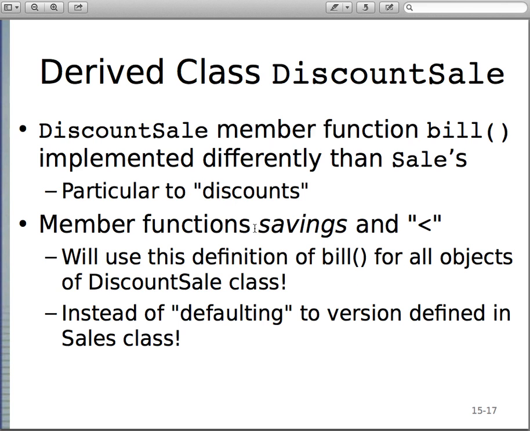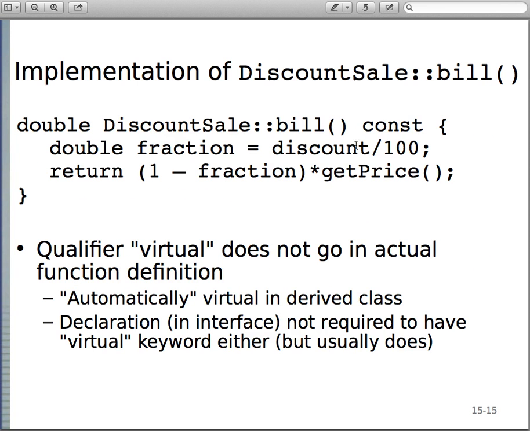For the member functions savings and less than, we will use this definition of bill for all objects of discount sale class. Instead of defaulting to the version defined in the base class, that is sale, we will use the current definition for all objects of type discount sale.